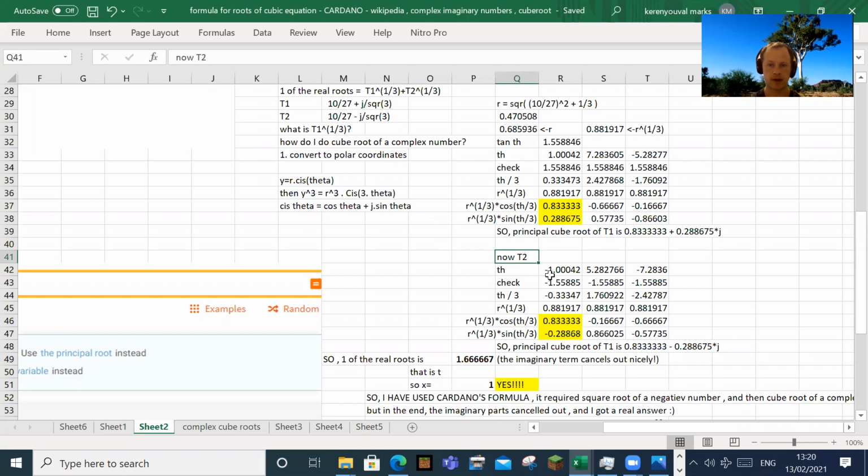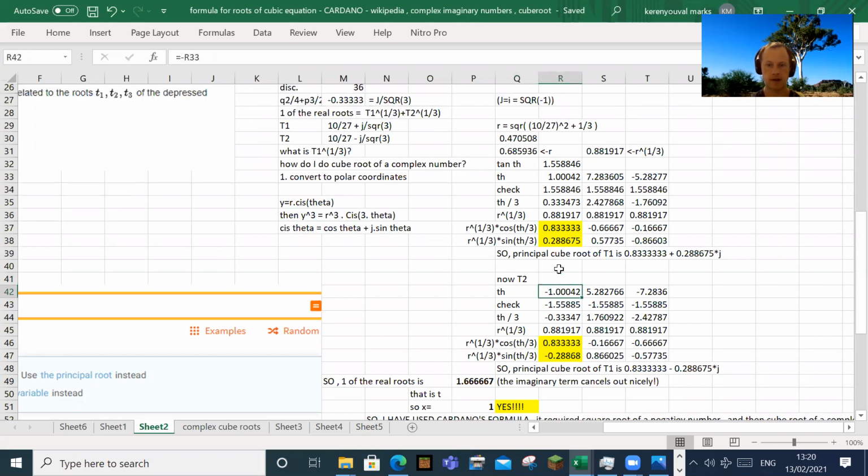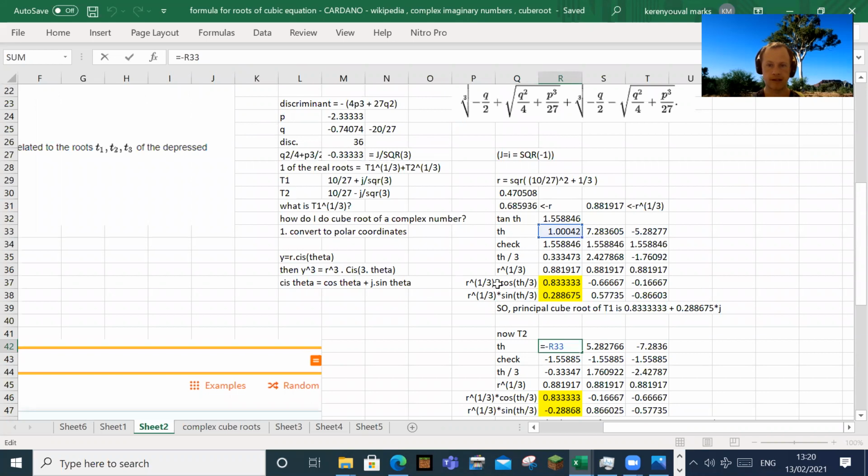So we've got theta is going to be just minus the previous theta, because we've gone down. We've just gone down instead of up for that y value. So there's the theta, and there's your two other thetas. Here's the check.